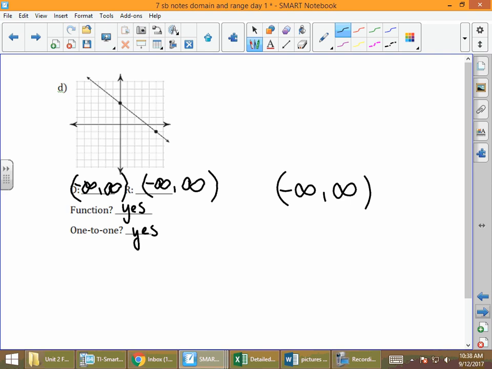We actually wrote that down in our notes probably a week and a half ago or so. Because again, it should be one of those problems that you should know, but that's not necessarily true. And I recognize that. But any line with the slant has the domain and range of negative infinity to infinity.